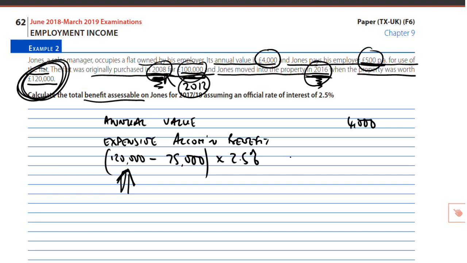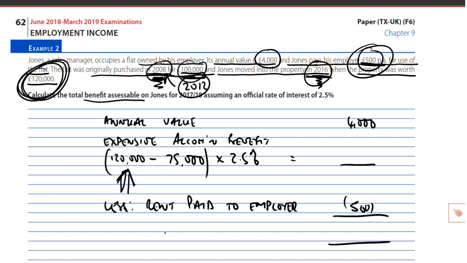Okay, so you then would put that through your calculator, get the expensive accommodation benefit, total it up. But of course that then is not the final assessable benefit, because that will be reduced by the rent paid or the contribution made by the employee to the employer. That would be, what was that? £500, oops, 500, not 50.